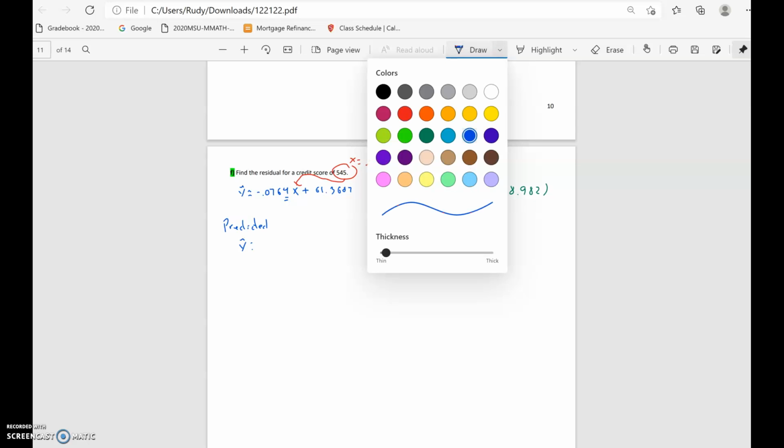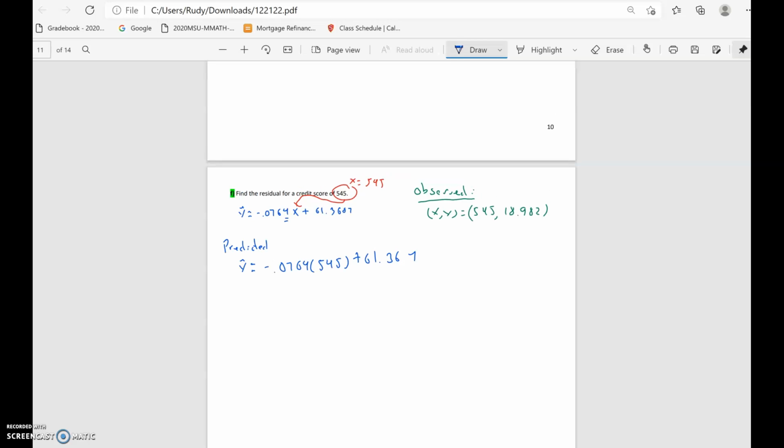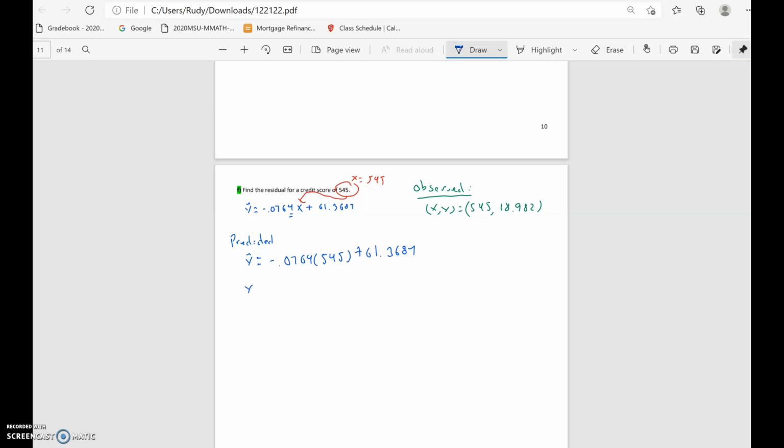So this is going to give us y is equal to negative 0.0764 times 545 plus the 61.3687. Let me fix the 8. And our y hat, it's going to give us the approximate value. Please evaluate that.